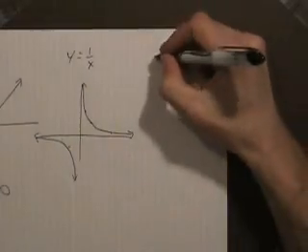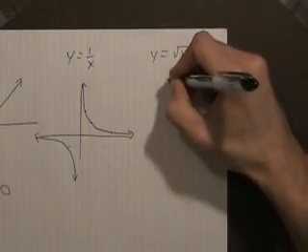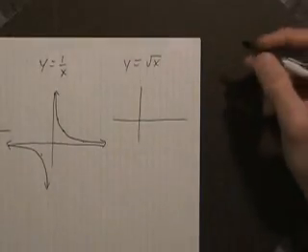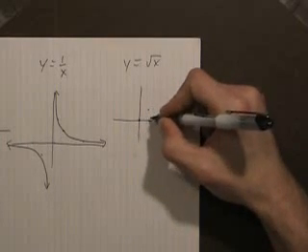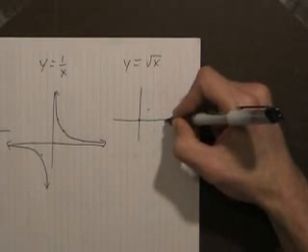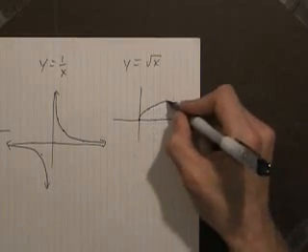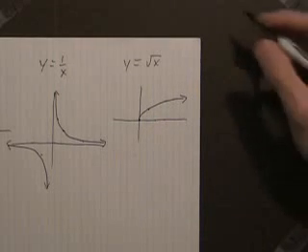What else do we have? Y equals square root of x. And that's like the parabola on its side. The square root of 0 is 0, the square root of 1 is 1. The next number, let's see, it's 2, 3. The square root of 4 is 2. So it's this kind of shape like that.